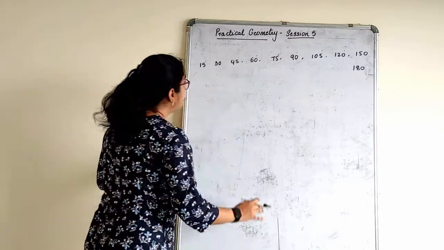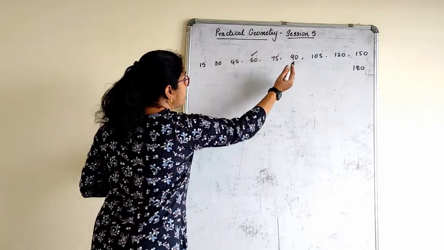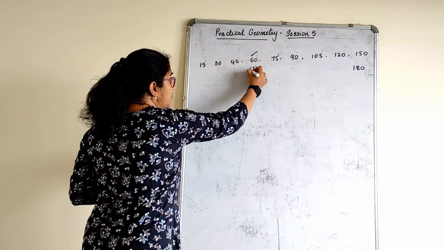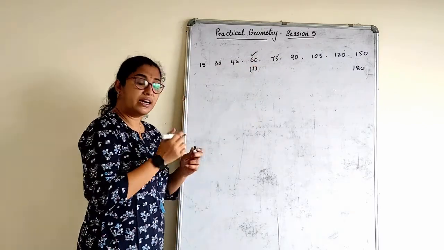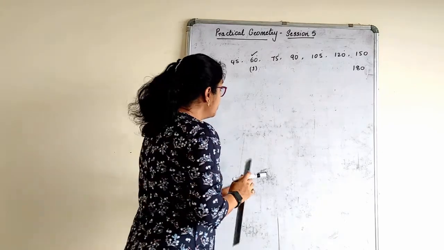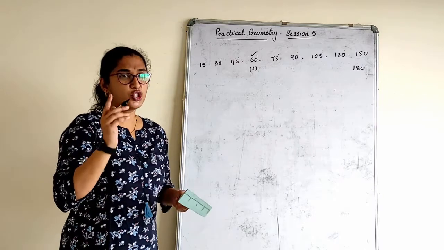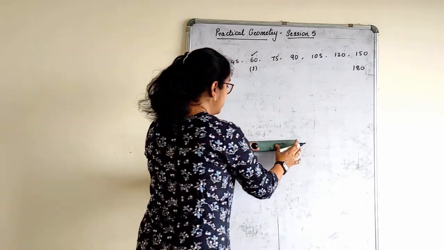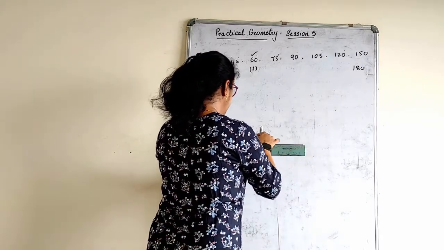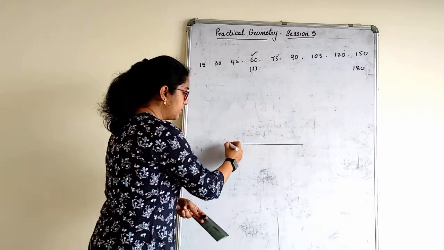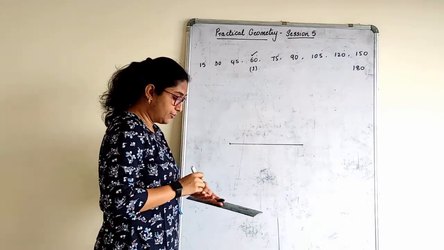Okay, let's go with the first one, 60. To construct 60 degree, I will not take any quadrilateral for now. First I'll show you the angle construction. Draw a base according to the given base of the quadrilateral. So this will have a point, right?